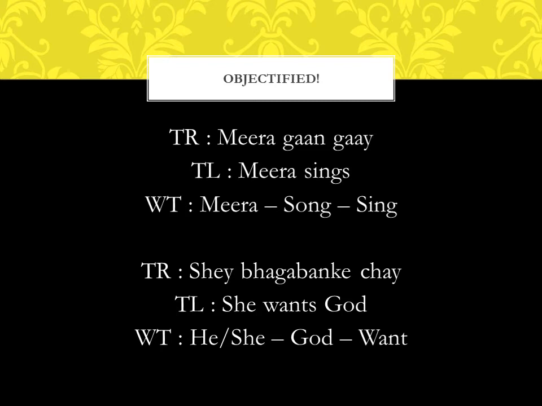So, if I did a literal translation of the English sentence, she wants God, it should have been "she Bhagavan chai". But here we are treating this as a personal noun, and let me try to explain why it is so. Not only for God, but also for anything else which we personify.